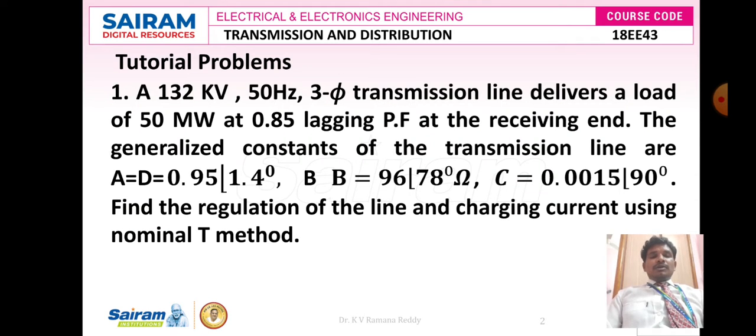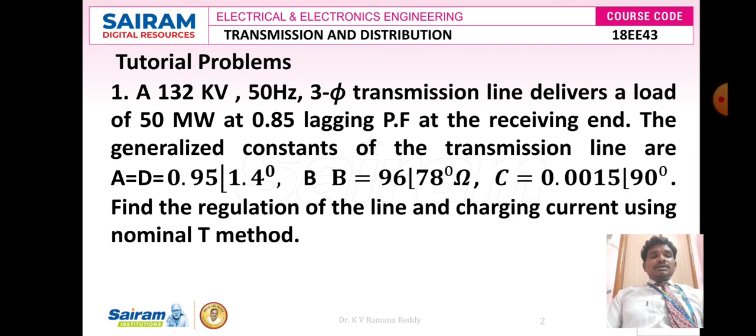Let us see problem number 1. A 132 kV, 50 Hz, 3-phase transmission line delivers a load of 50 megawatts at 0.85 lagging power factor at the receiving end.